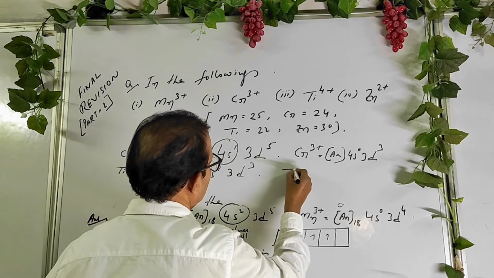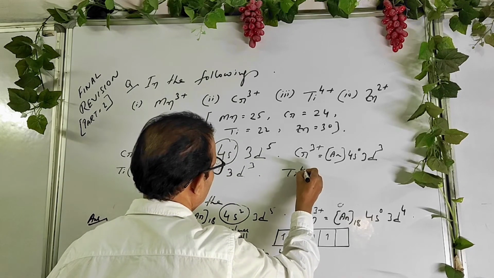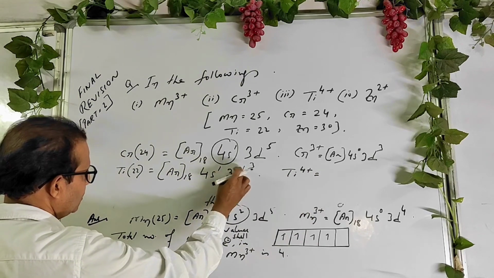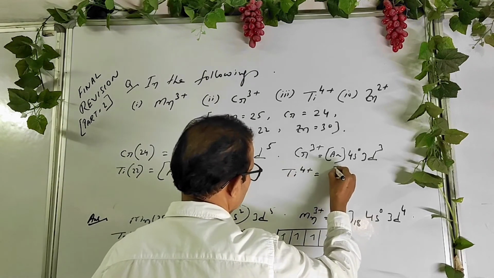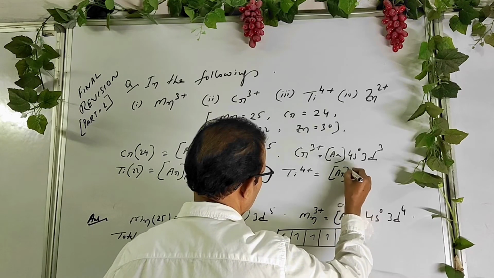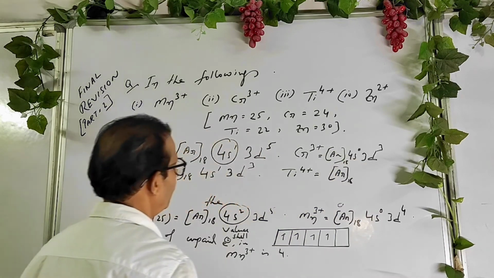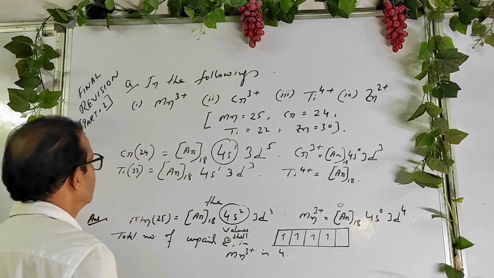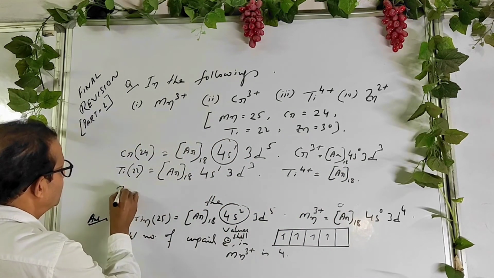So titanium 4 positive means all the 4 electrons are removed, so you get only argon, that is, it has 18 electrons. Okay, 18.